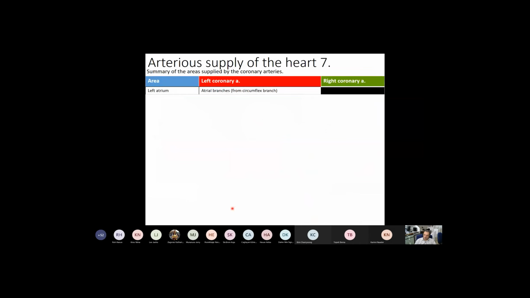Okay, so I know that some students like to have an overview in a table-like way. So what I did now is here a summary of the blood supply of the heart in a table. The first column of the table will list the parts of the heart, and then the red and the green, using the same color code like in the last couple of figures, will highlight what the left coronary artery adds to the blood supply of that particular area and what the right one does.